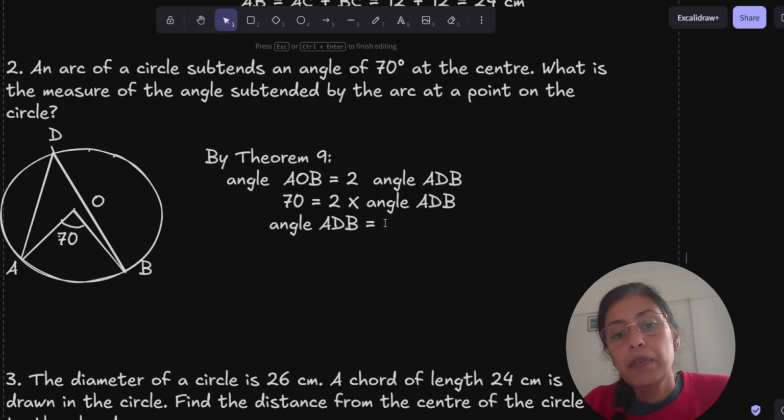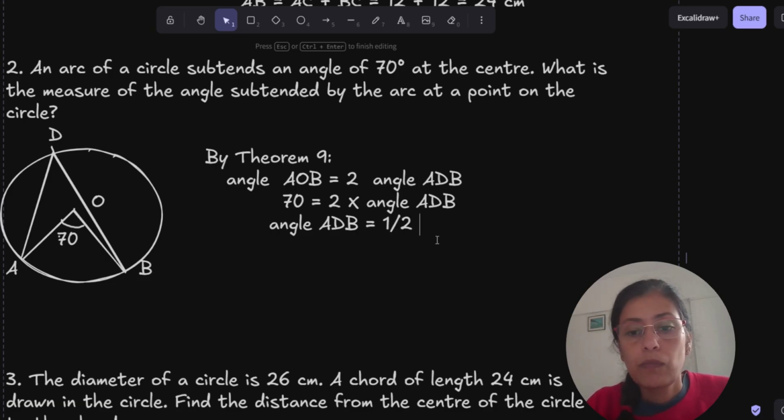So angle ADB will be half of 70 degree, and that is going to be 35 degrees.